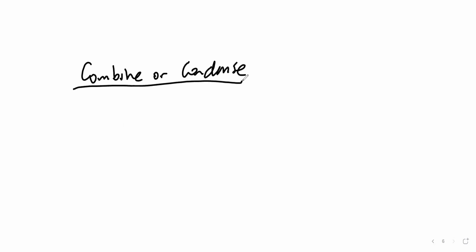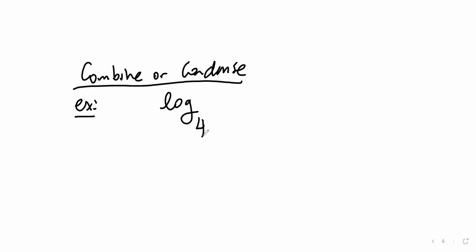So let me give you one last example with combining. Combine, sometimes people use the word condense. It's really the same thing. So here's an example. Let's say we're going to combine or condense this guy right here.